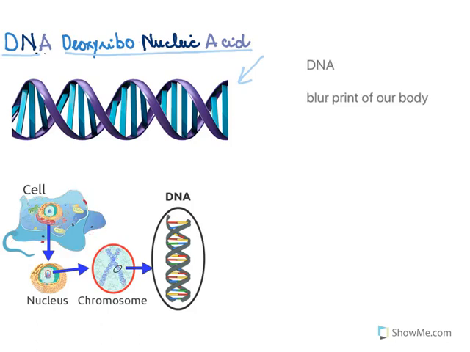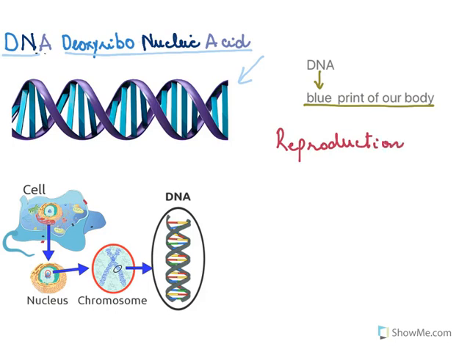So we have learned that the DNA is the blueprint of our body. It carries the design of our body, and during reproduction, individuals produce other individuals with similar characters, meaning having the same body design.